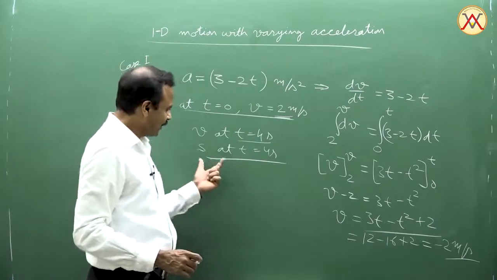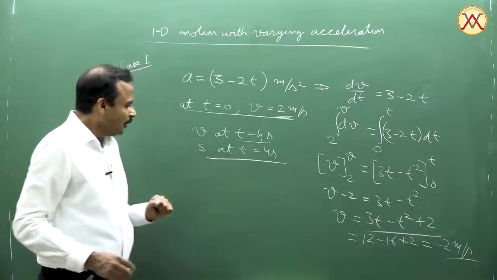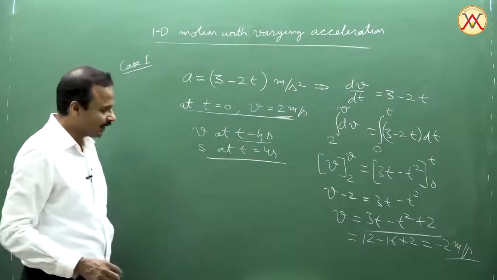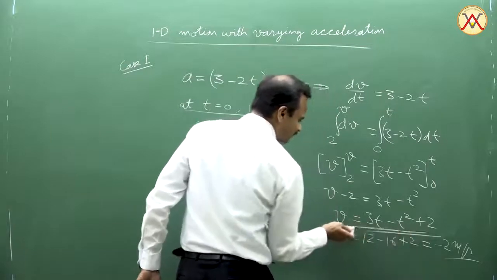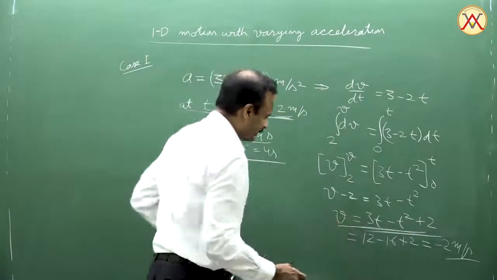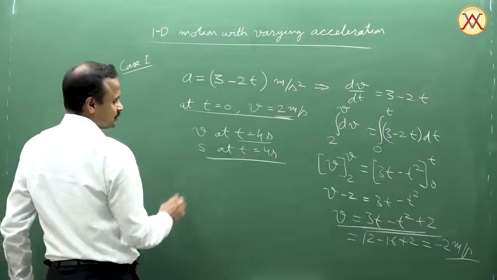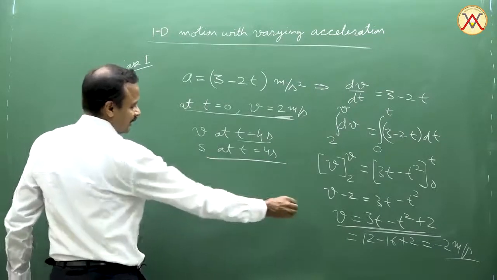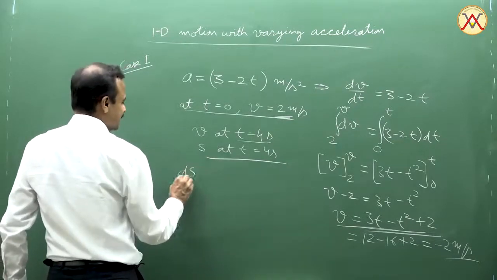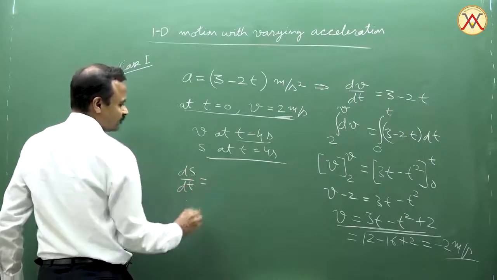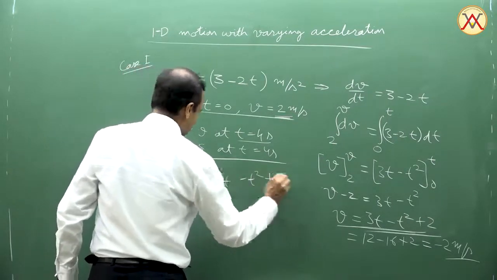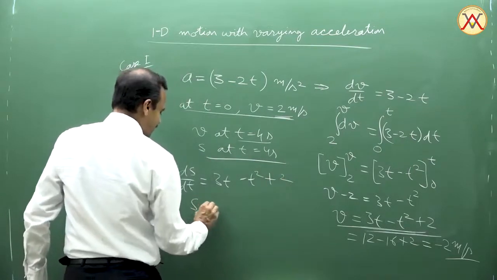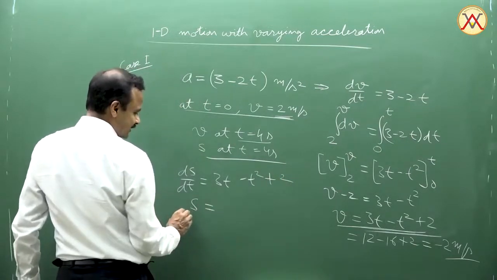Now how to find displacement? We will have to integrate it once again. We will have to integrate this general expression of velocity as a function of time to get s. We can write v as ds by dt. So ds by dt is equal to 3t minus t square plus 2, and we can integrate this.